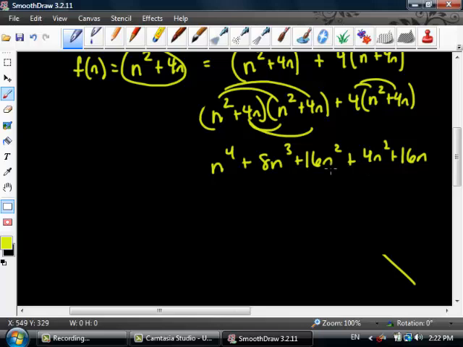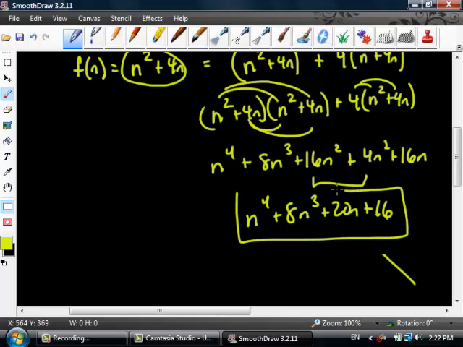So now let's combine what we can. Those two can combine, so I got n to the 4th plus 8n to the 3rd plus 20n squared plus 16n. That's a lot of junk right there. Any questions on this problem? Kylie? What is 20n squared? I'm sorry, thank you.